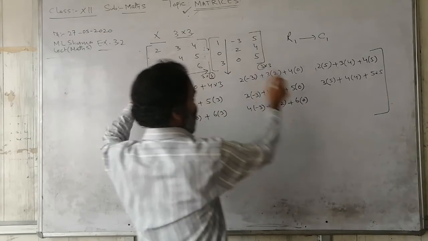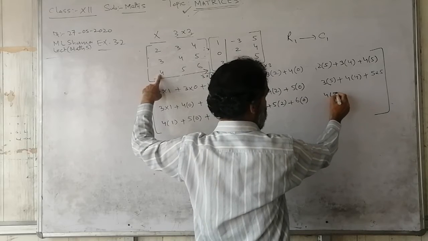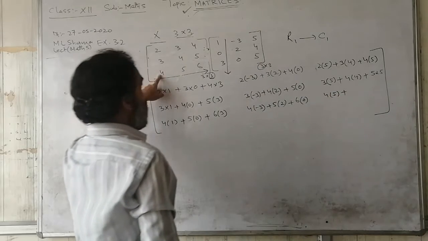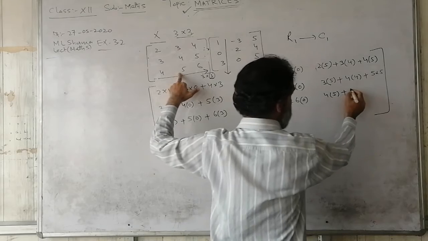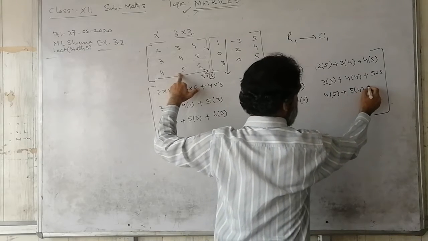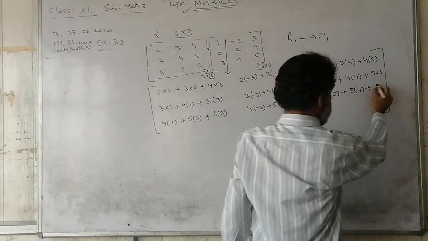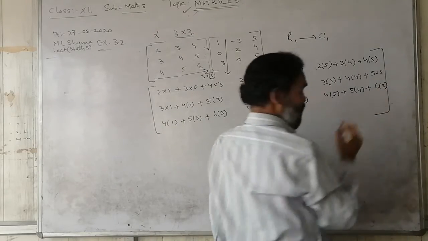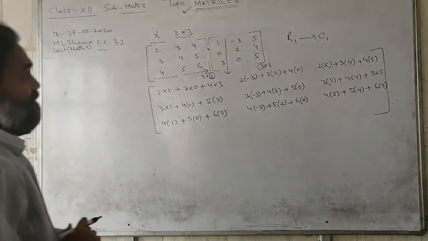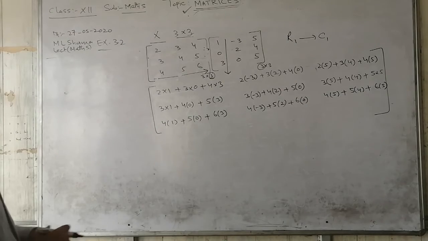So I will have 4 into 5 plus 5 into 4 and the last element 6 into 5. So this is how we multiply the elements row by column.